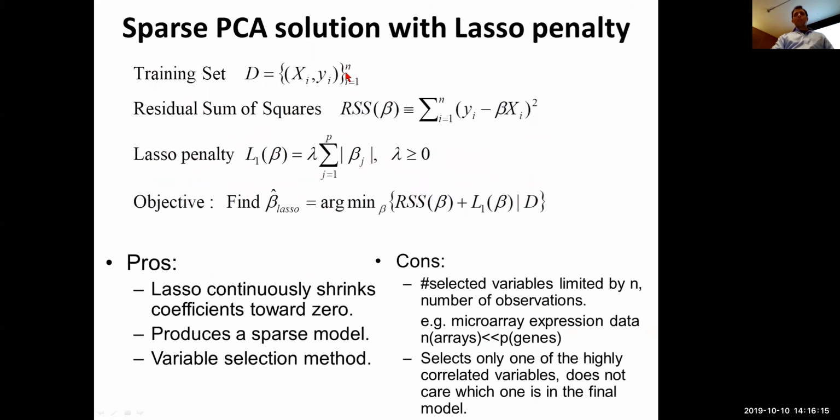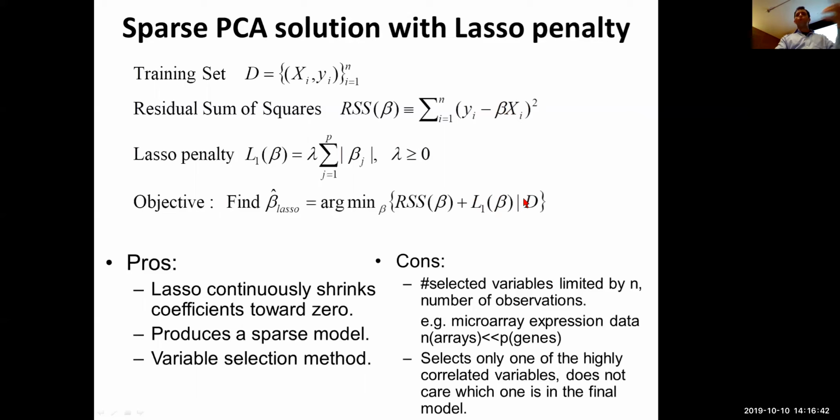So the sparse PCA solution with this lasso penalty is basically taking this training set and calculating the residual sum of squares. And instead of exploding the dimensionality to make those betas come really close to the solution, it says, yes, I will care about this, but I will also care about the total sum of all of my betas.